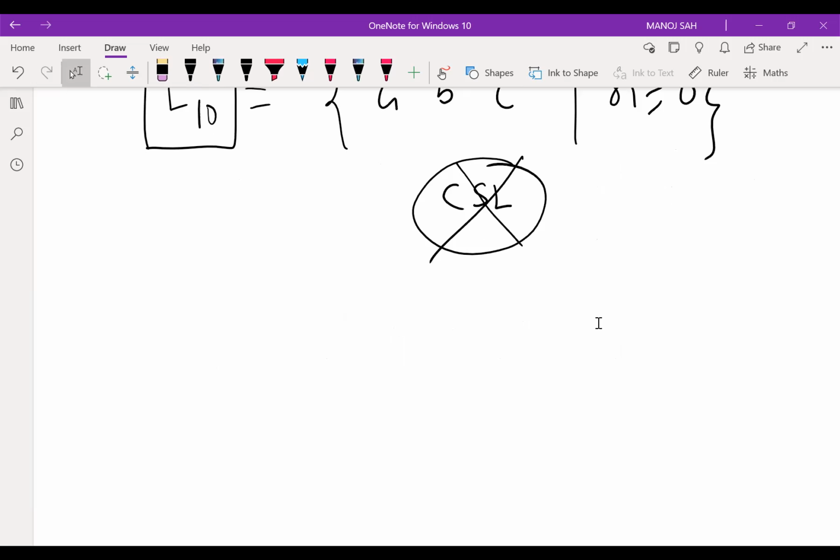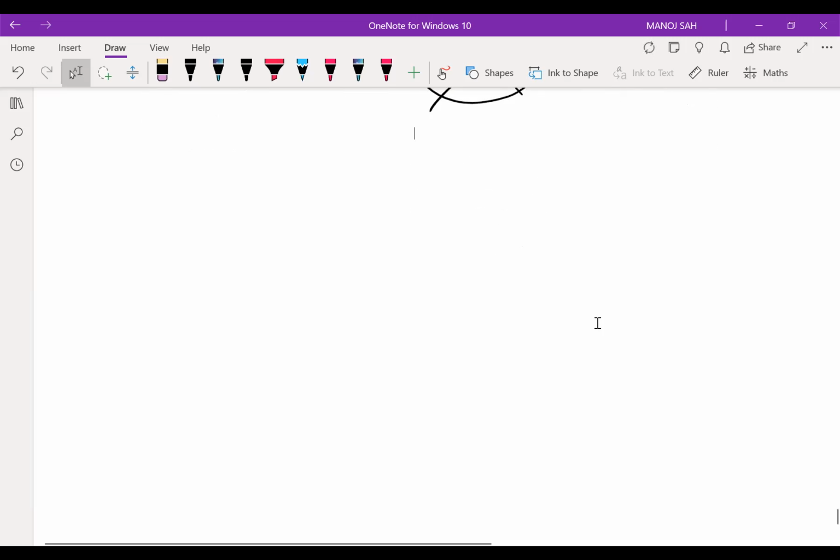The LBA is more powerful than PDA. Yes, LBA is more powerful than PDA. So LBA accepts every language which is accepted by PDA, and LBA accepts some languages which are not accepted by PDA. So we can make a diagram like this: there is every CFL, and there is a CSL.